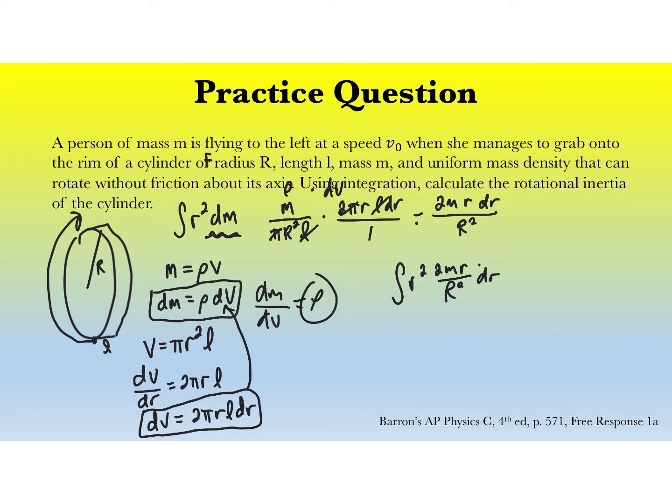So this would be the integral of, we can bring a lot of this out in front as constants, the 2M over R squared, and then the little r cubed dr is what we are left with. So now we can actually go and do the integral. We are integrating from 0 to big R, so that is from the center of our cylinder out to the outside edge.